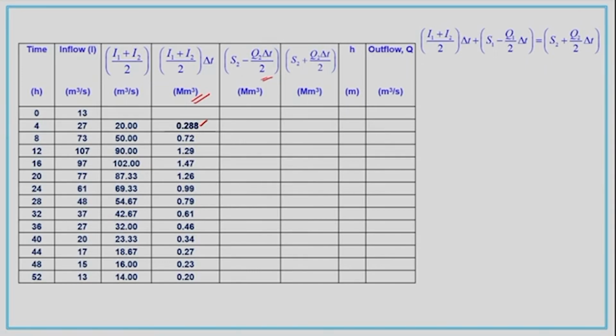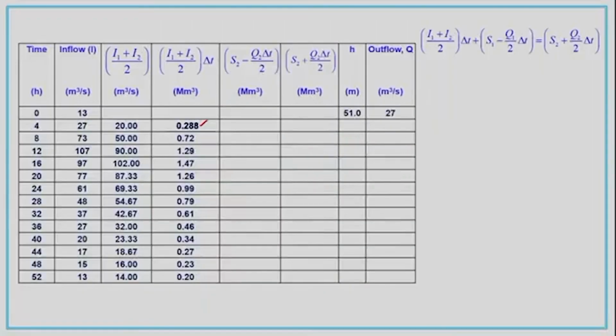So, the first entry related to S2 minus Q2 delta t by 2 is regarding the initial condition. When elevation H is equal to 51 meters, the inflow wave, the flood wave, is entering the reservoir. So, at that time initially what is the water surface elevation? That is the initial condition we are considering.